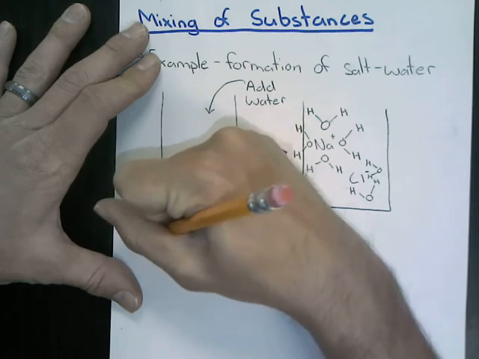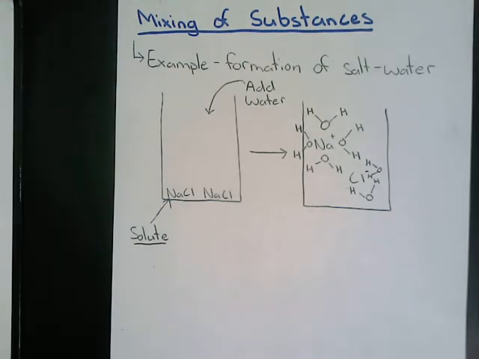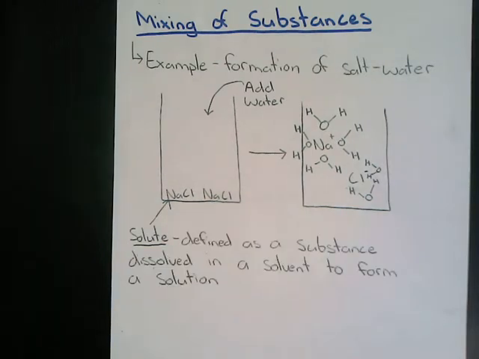The solute is defined as a substance dissolved in a solvent to form a solution. I forgot one key word here: the solute is the substance dissolved in the solvent to form that solution.